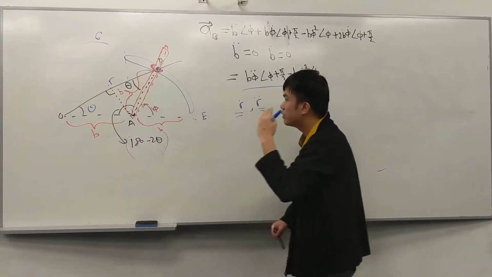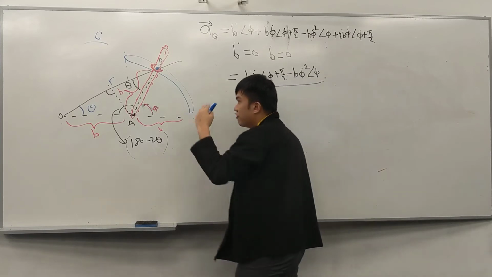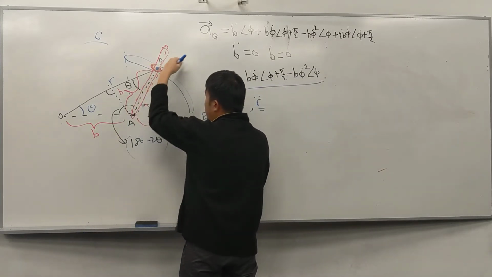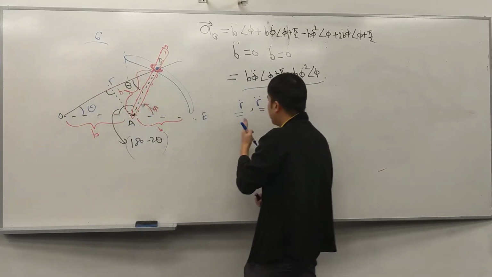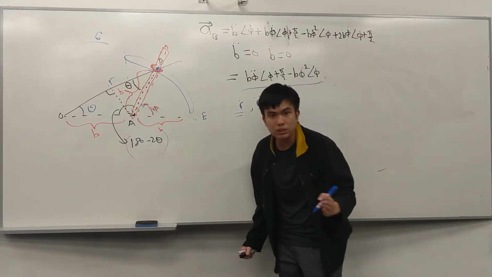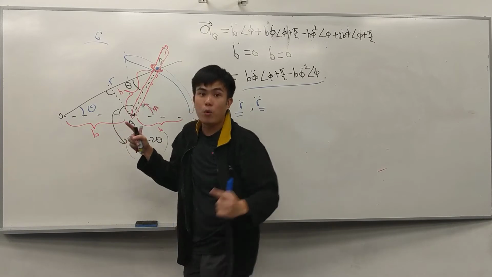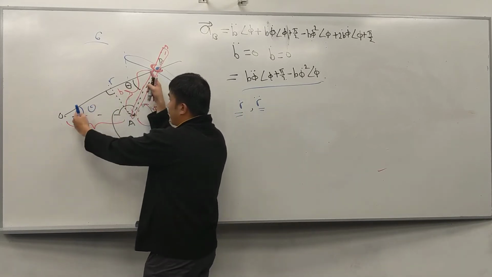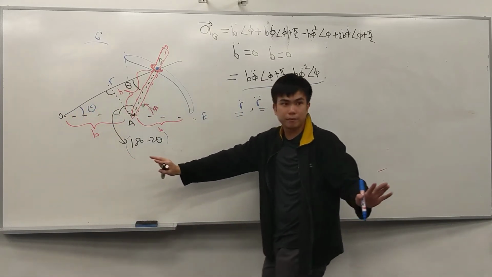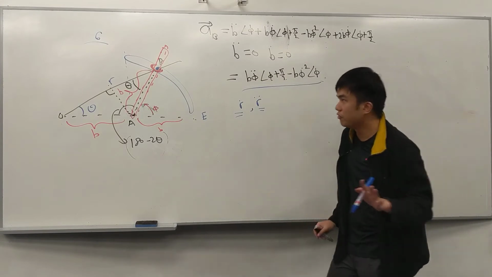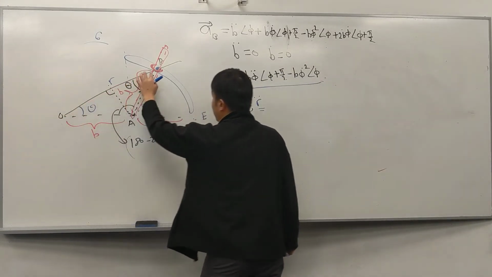However, we know from our previous information that the relative velocity of the ring with respect to this pole is just R dot, and the relative acceleration is R double dot. In other words, we are trying to find the rate of change of this length. That's all we are trying to find.